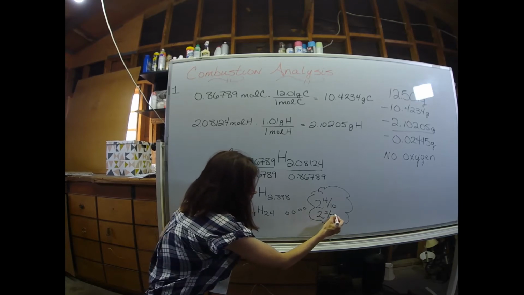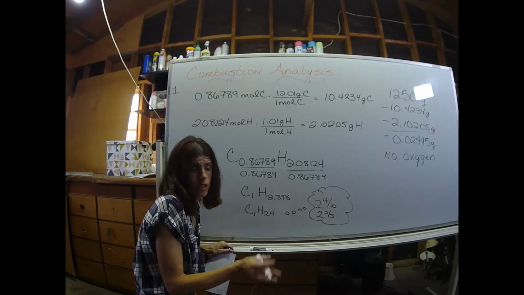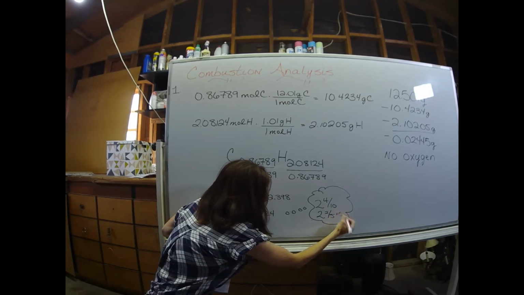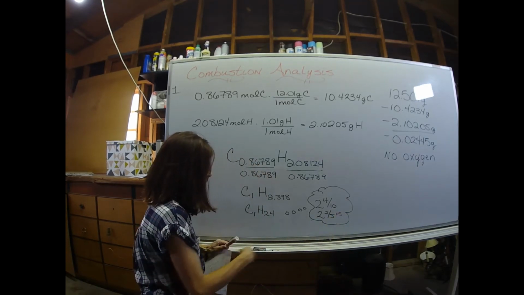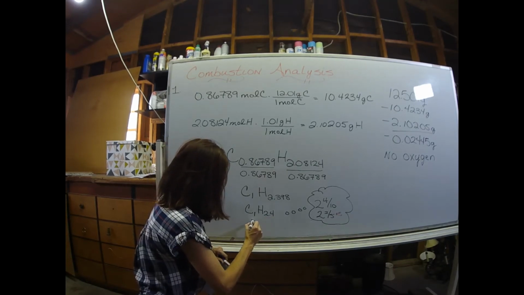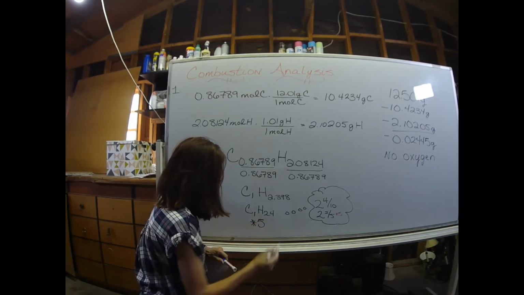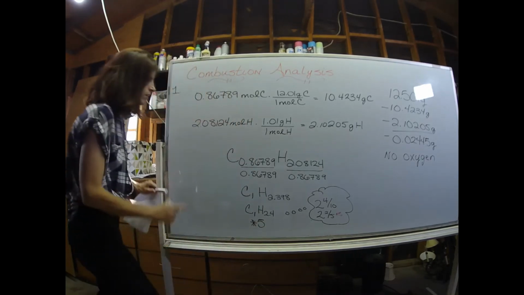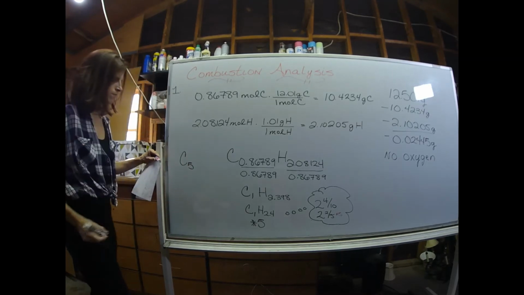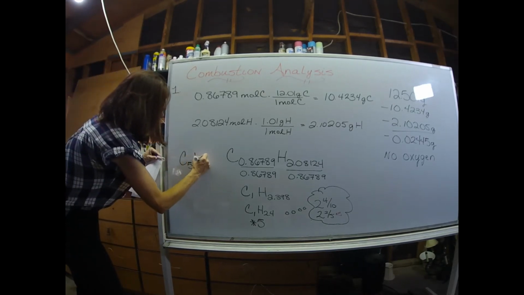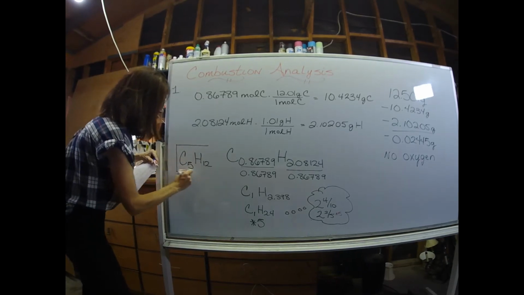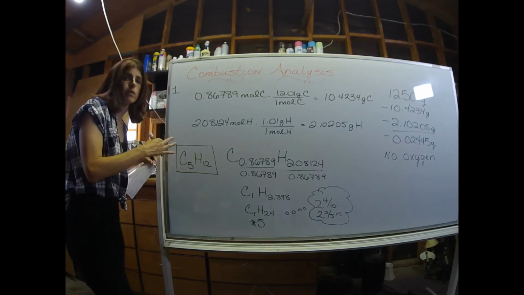So to get rid of the 5 on the bottom of a fraction, you multiply by 5, right? So that's what I'm going to do. I'm going to take this result, the C1H2.4, and multiply the whole thing by 5. And when I did that, I got C5H12. And that's the empirical formula of the petroleum compound.